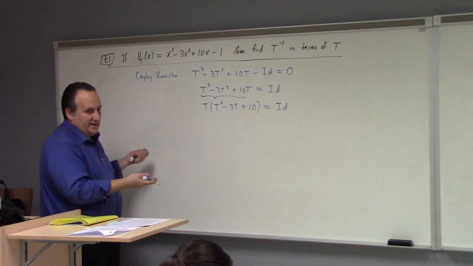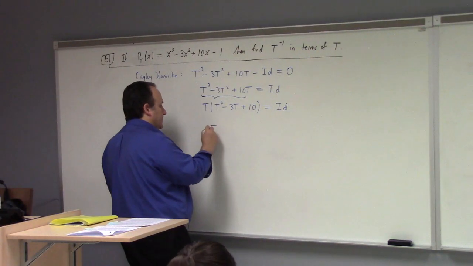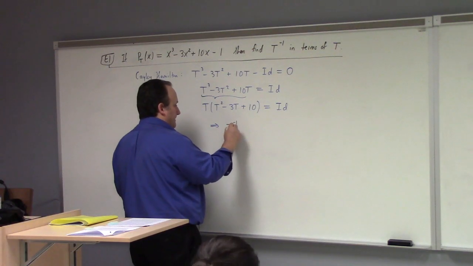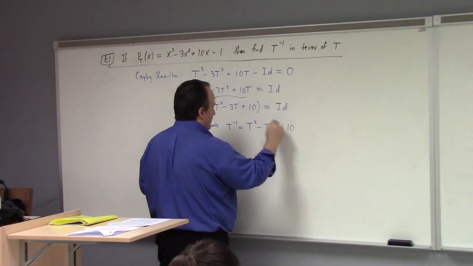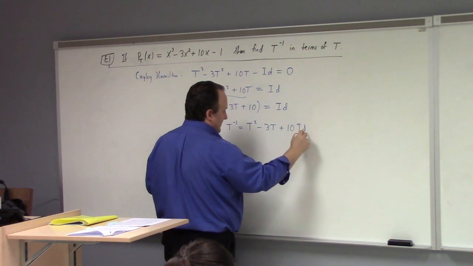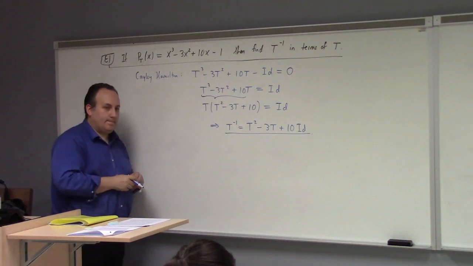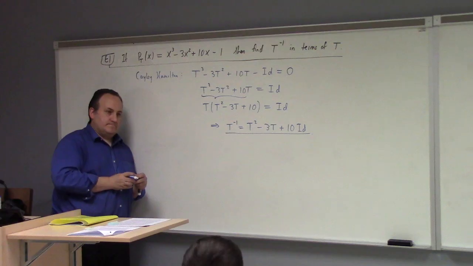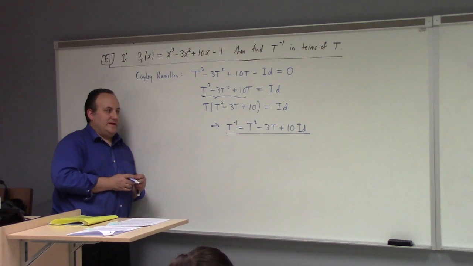So by our theory of inverses and the uniqueness of the inverse, what does it say? And of course that 10 is 10 times the identity, to be fussy, right? But there you go. So the Cayley-Hamilton theorem has uses that you might not expect. It's actually a very powerful theorem.